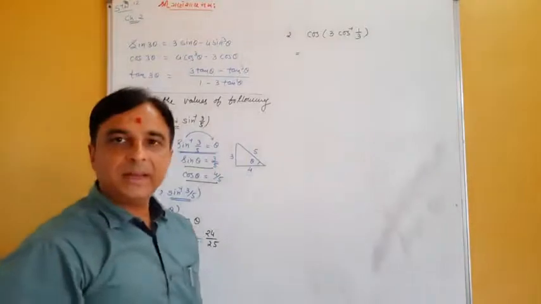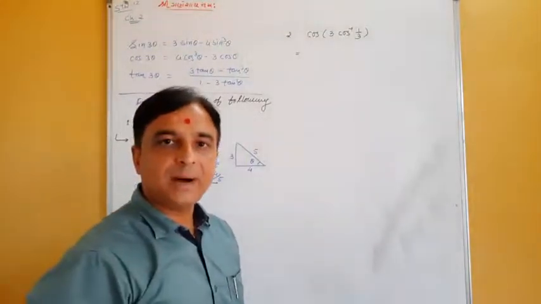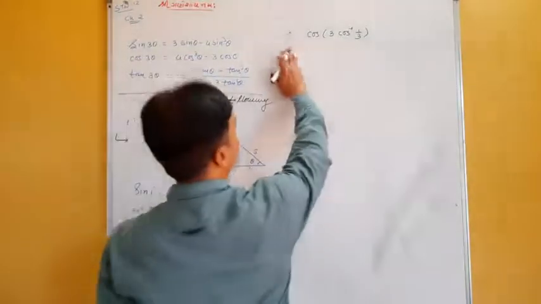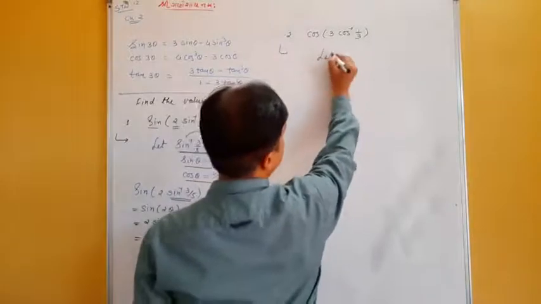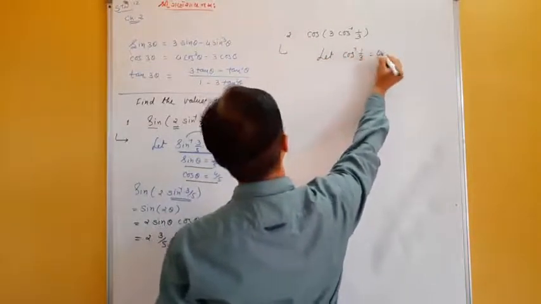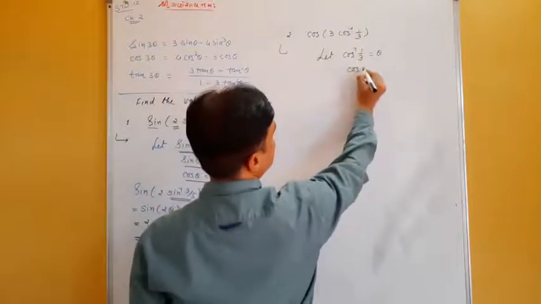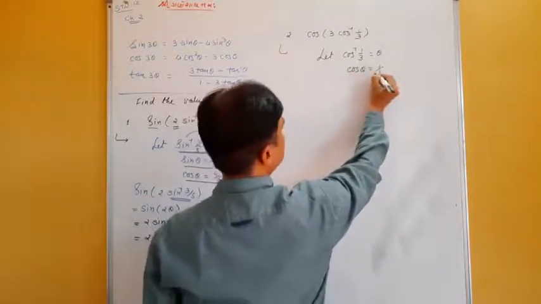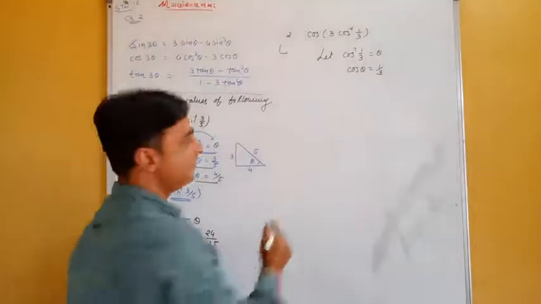Next, second one. Cos 3 cos inverse 1 by 3. So let cos inverse 1 by 3 equal to theta. That means cos theta is 1 by 3.